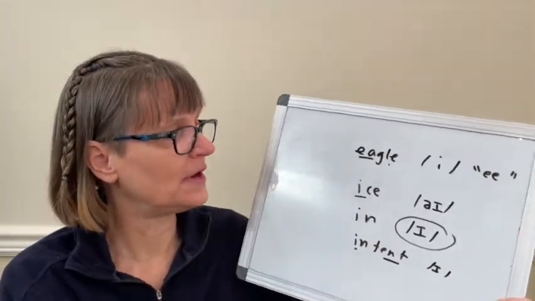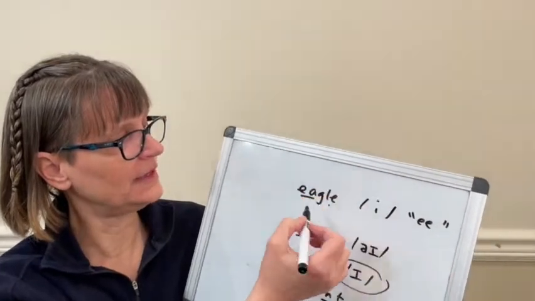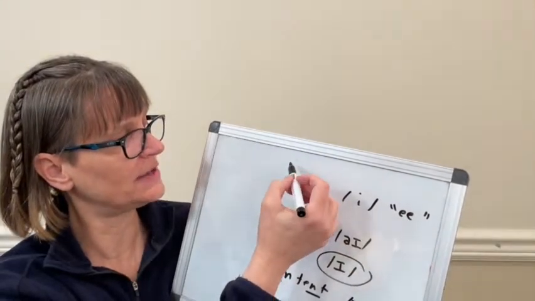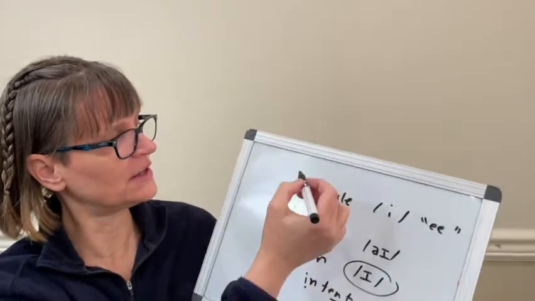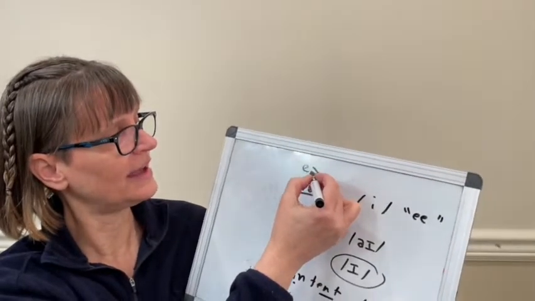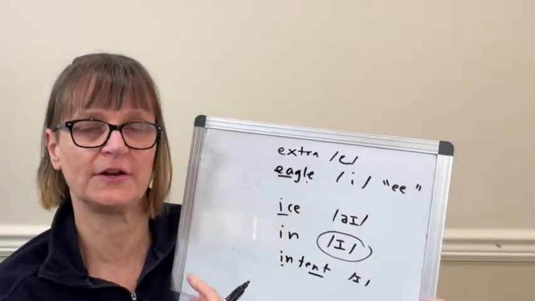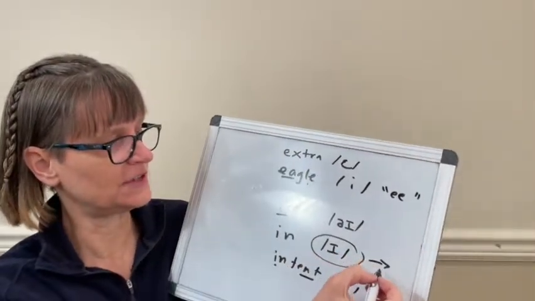And then for E at the start, eagle, equal, it's going to have the E sound. If it's a word that has E at the start that's not stressed, like extra, there's no real clear pattern except that you're going to tend to have the I sound if it's unstressed.